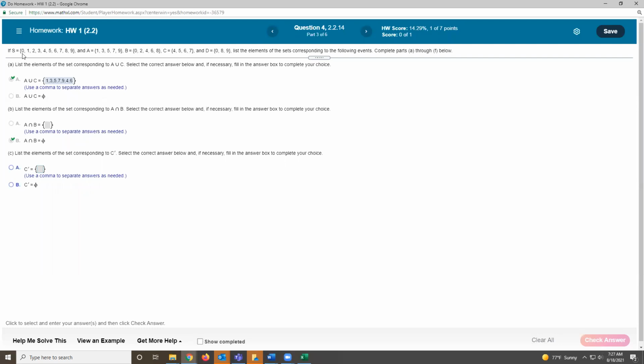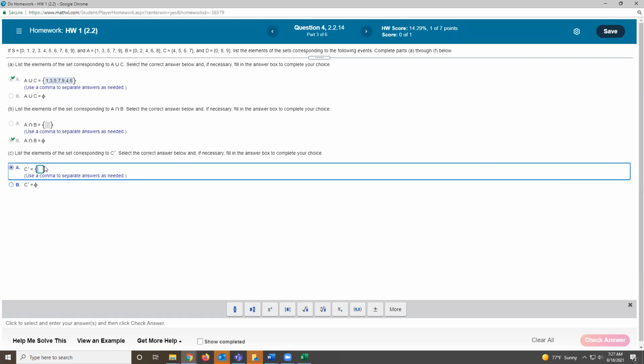So I start listing the elements of S, making sure that I don't list the ones that are in C. So 0, 1, 2, 3 are not in C. 4, 5, 6, 7 are, so I omit those, and then I write 8 and 9.